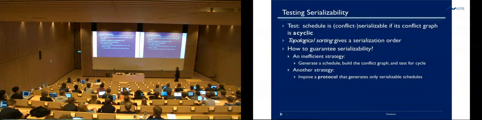Let's create a protocol which the system will have to follow. And this protocol by itself guarantees that any schedule we create when we follow it is a serializable schedule. So now we have a guidance. We don't have to just make a schedule, check it, and then go back and try again. We will just always follow our protocol. So as we create a schedule, when we see something that violates our protocol, we change it.